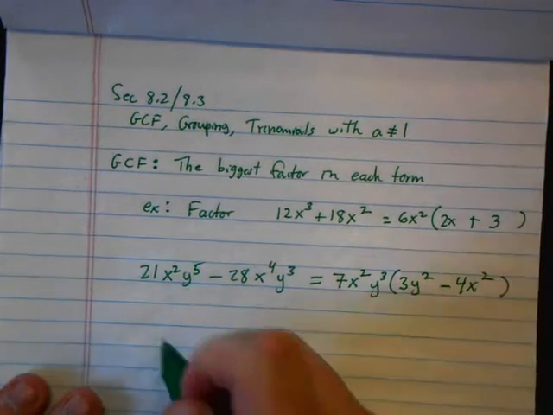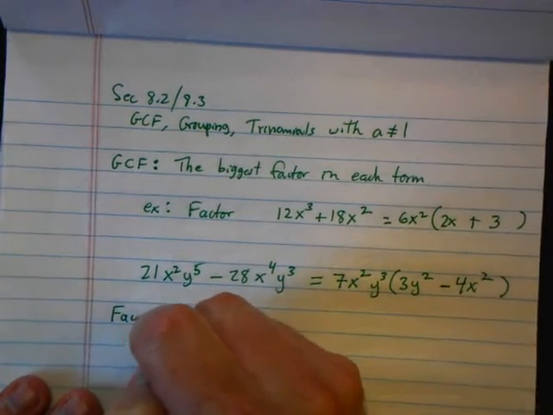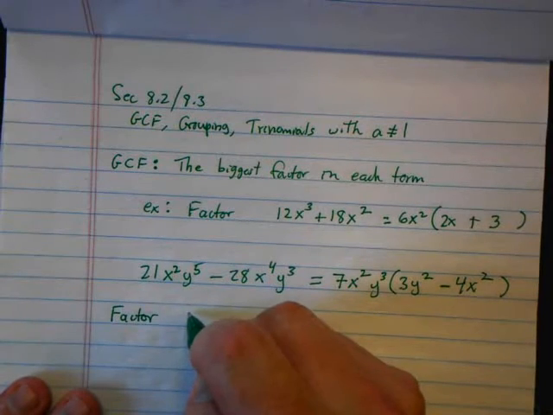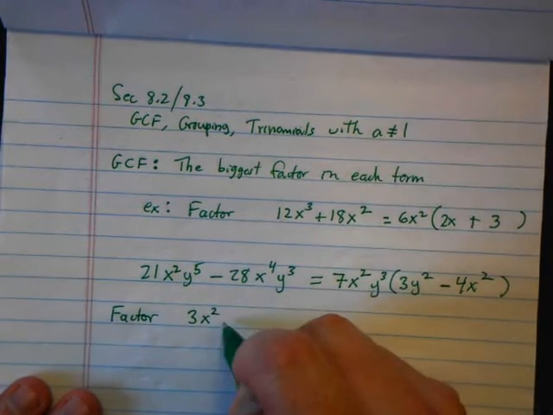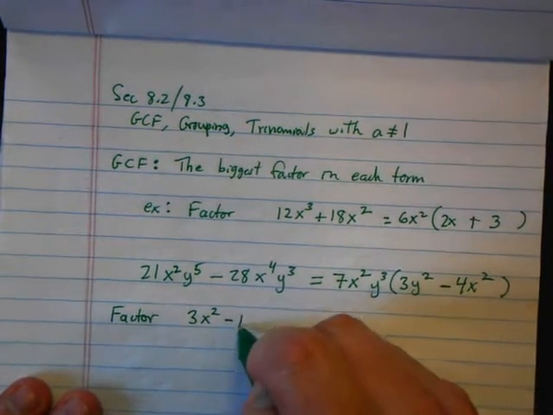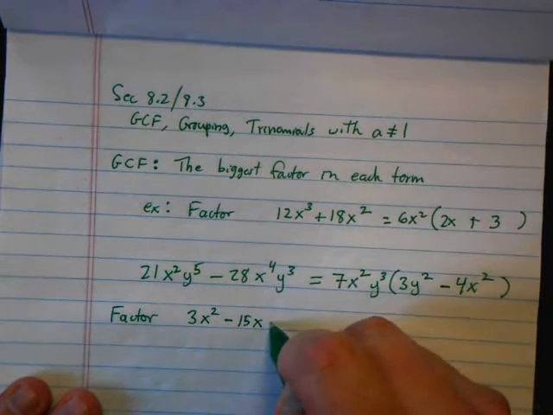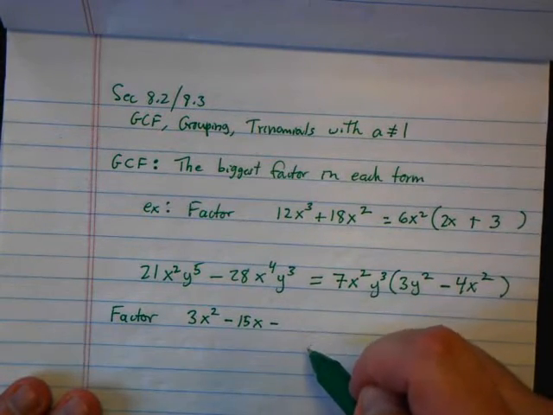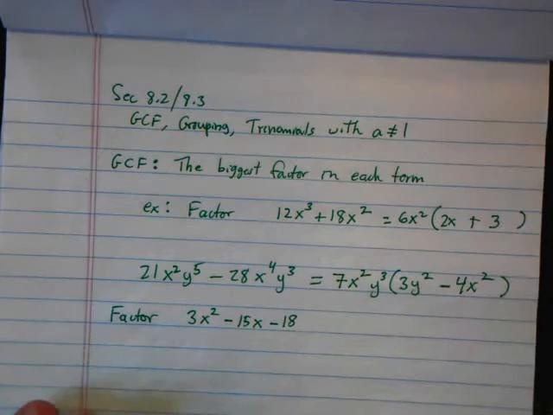All right, how about factor 3x squared minus 15x minus 18. What would you do on that one?